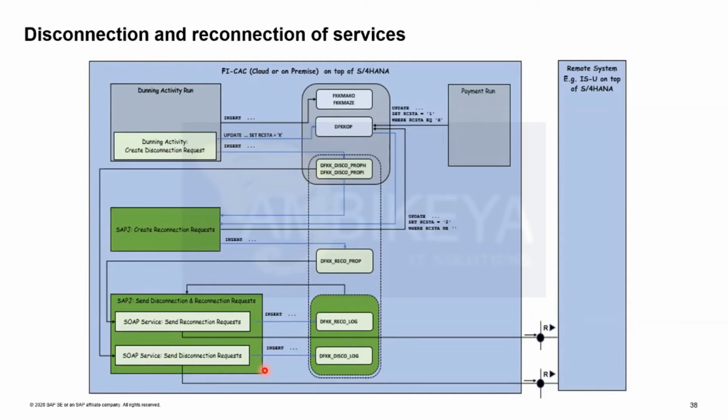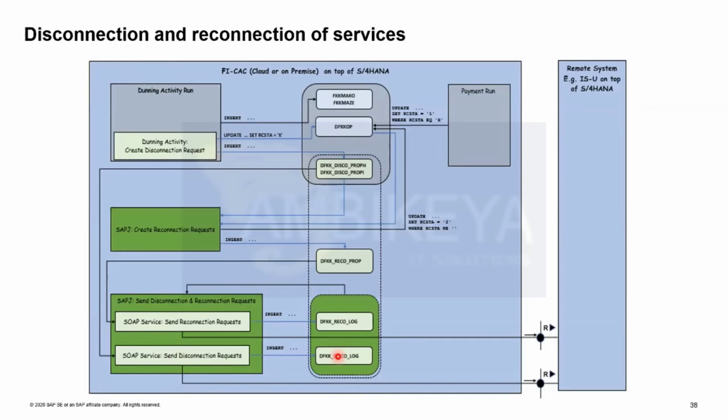But we trigger those requests out of the dunning run. If the customer then afterwards pays and we do receive the payment, then it may happen that the customer reached a certain threshold of, for example, 80% of the invoice, and then you want to do a reconnection again.